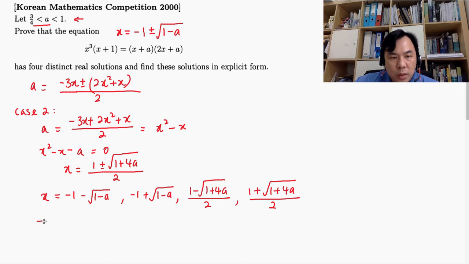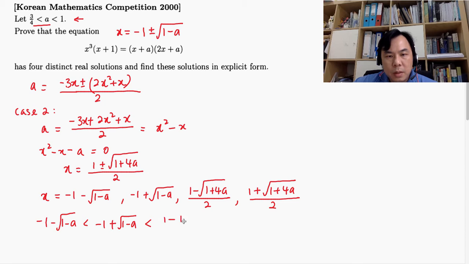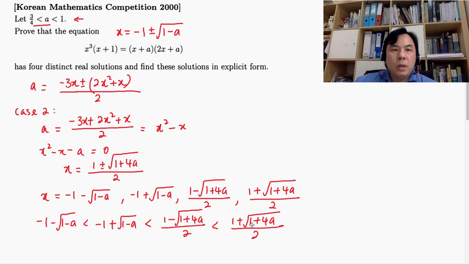Now we know that this must be less than this one here, and then this must be less than this, and then finally this one must be less than this one here. Right, due to the restriction that has been set here.